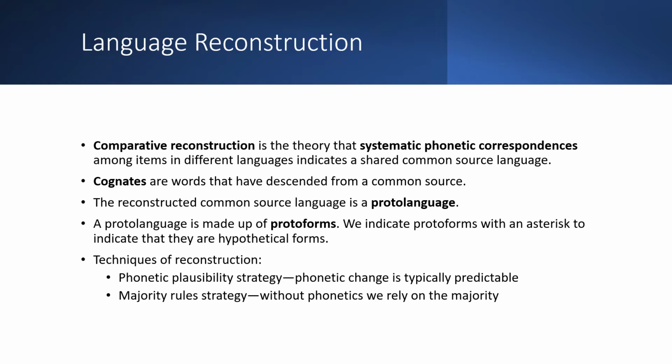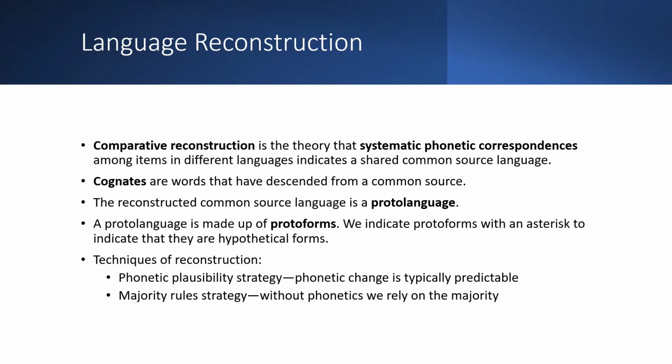Okay, so we call those words that they have in common cognates. And those cognates can be different in some ways, but will be similar in ways. And when they're different, they'll be different in predictable ways. We'll talk a little bit about that.